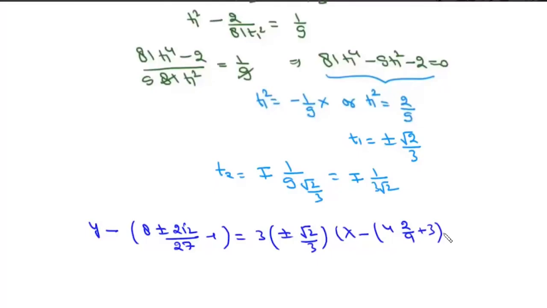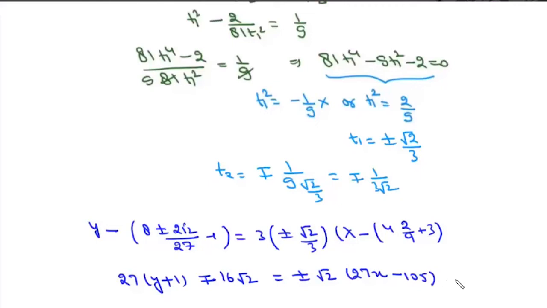If we simplify this equation, we get 27y plus 1 minus plus 16 root 2 equals plus minus root 2 into (27x minus 105), and this is the equation of the line that we need. So there will be two such lines.